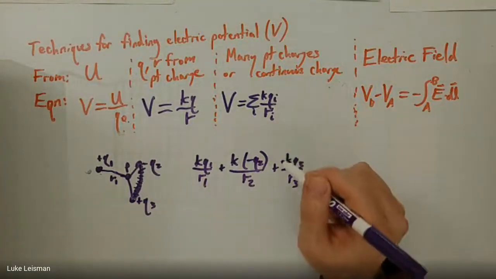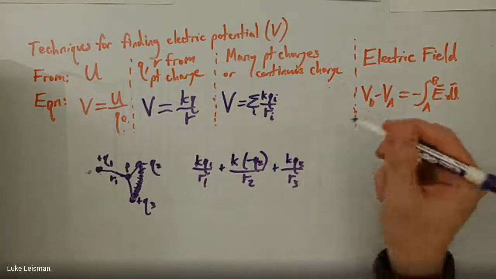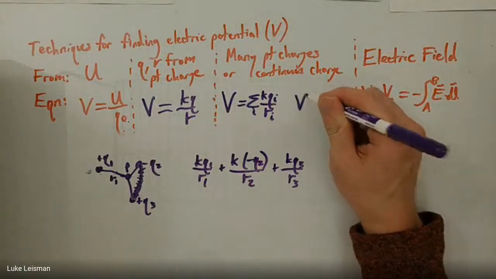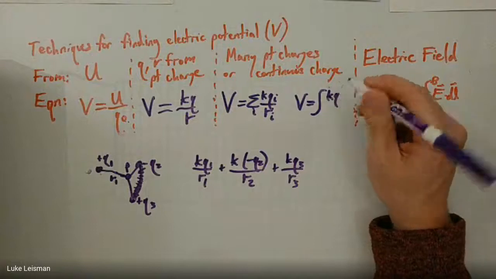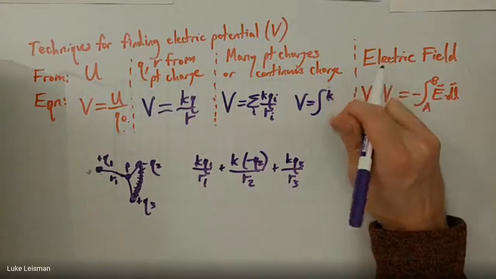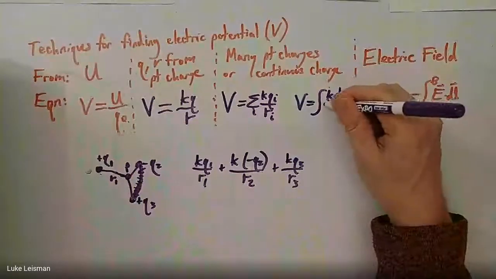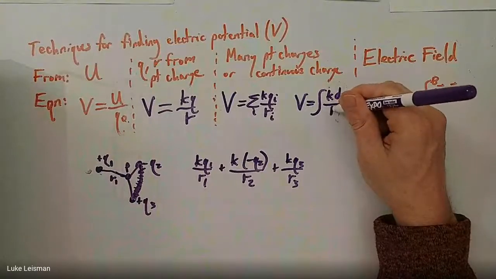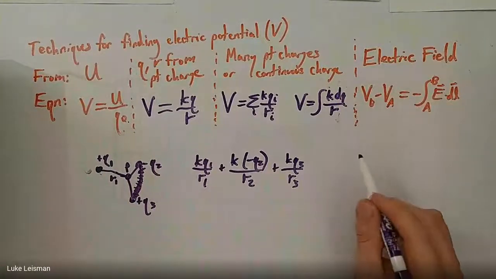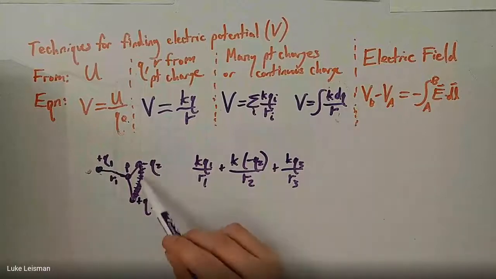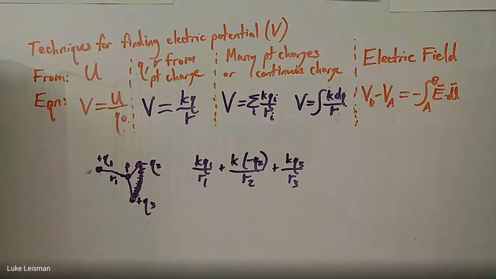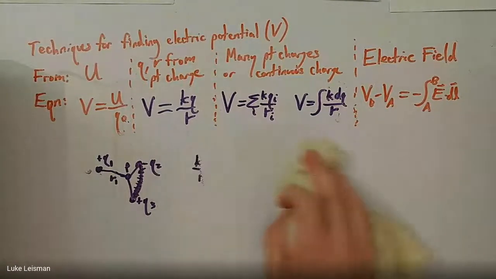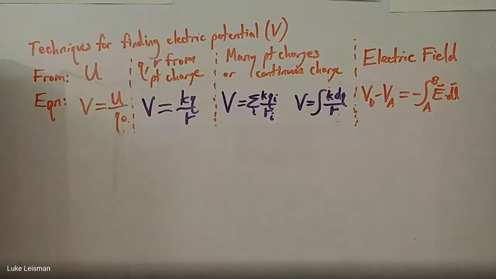Anytime you add up a bunch of infinitesimally small things from a continuous distribution, that's going to be an integral: the integral of k dq, all my little dq's, divided by r. So for a continuous distribution, we actually do an integral rather than just a sum. Let's do a couple of examples of this and see if we can understand it a little more.